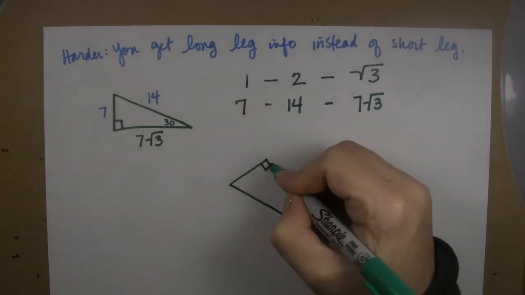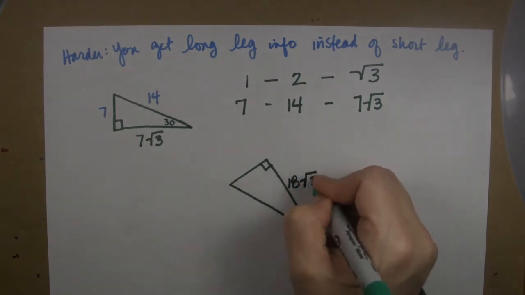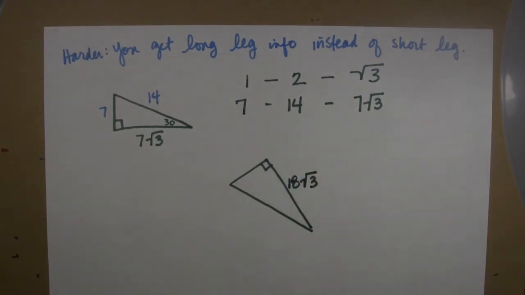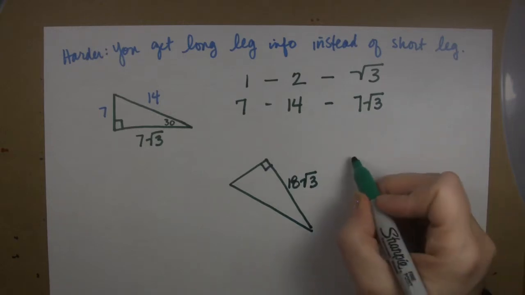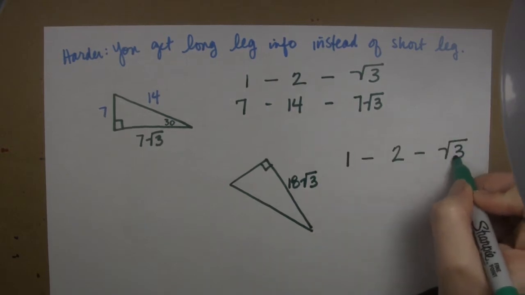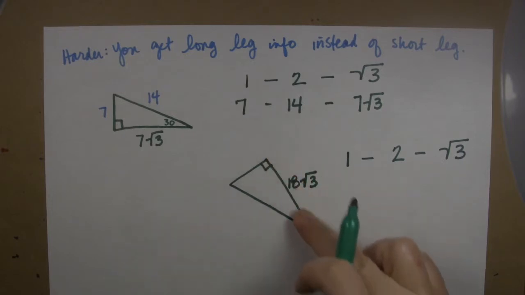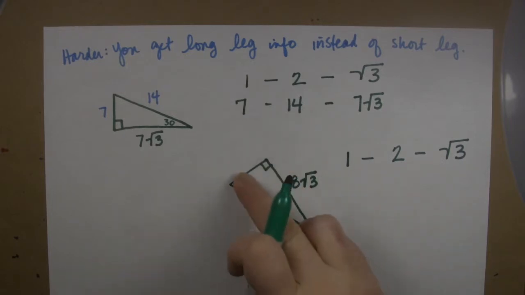Here's this triangle, and we know that this side is 18 root 3. You calculate the other 2 sides. All right, so again, we know it's in the ratio of 1 to 2 to radical 3, and we know our long leg, not the hypotenuse and not the short leg.